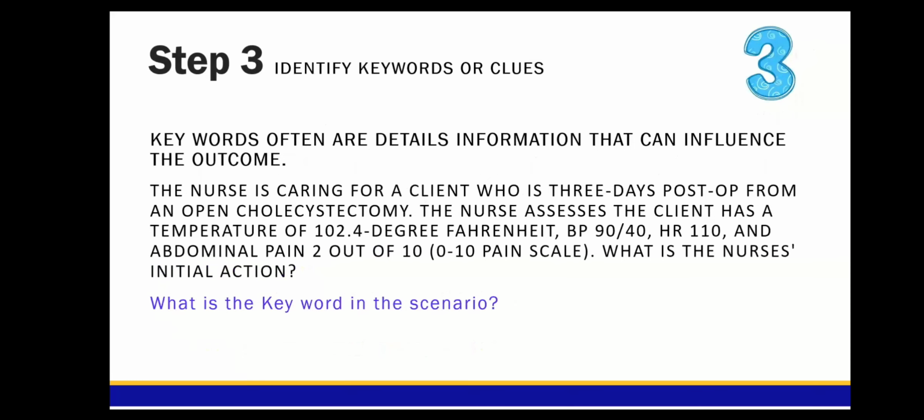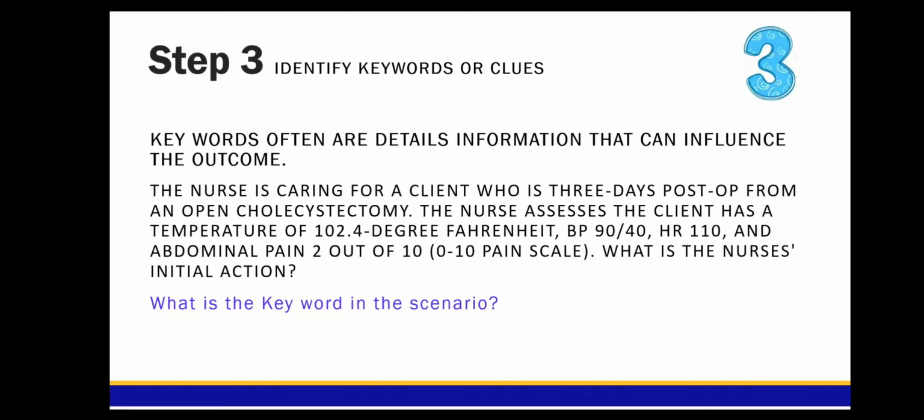Now, step number 3, identify keywords or clues. Let me tell you a little bit about what keywords and clues are. Keywords often are detailed information that can influence the outcome. Sometimes you're going to get a question that has a lot of information, and some information is irrelevant.